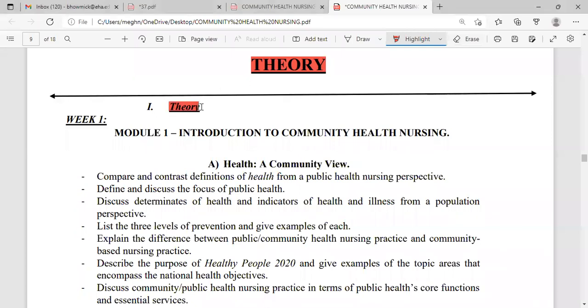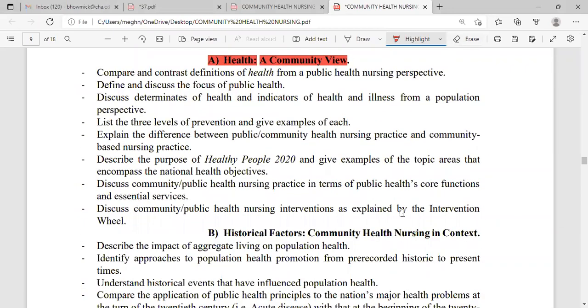So the theory portion contains week 1. So module 1 is introduction to community health nursing. You see the health, so community view. It contains comparing and contrasting the definitions of health and public health nursing, this perspective.